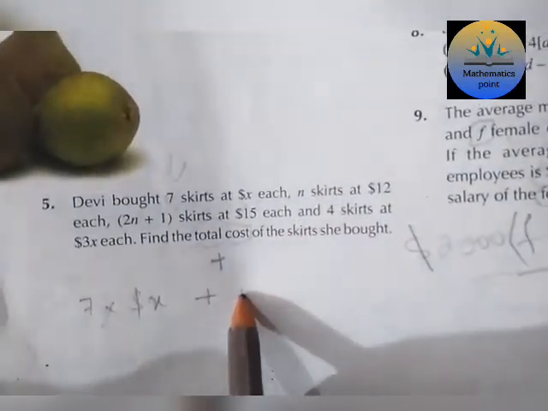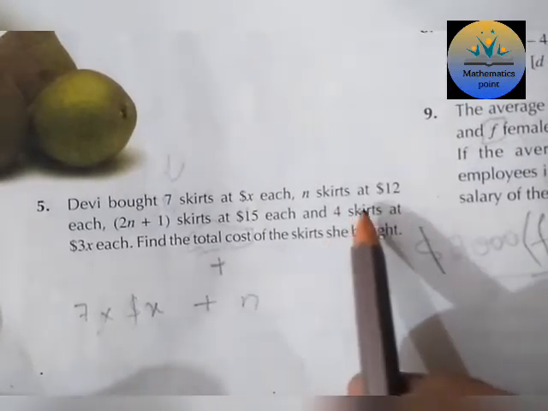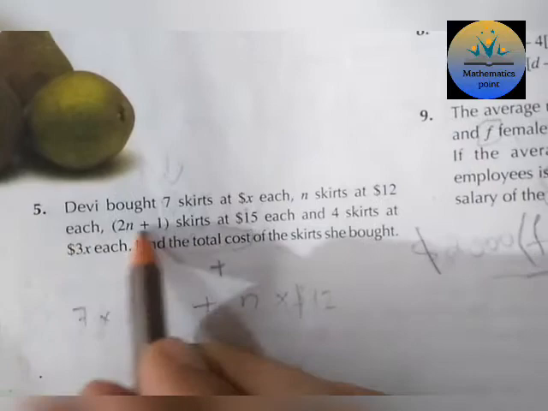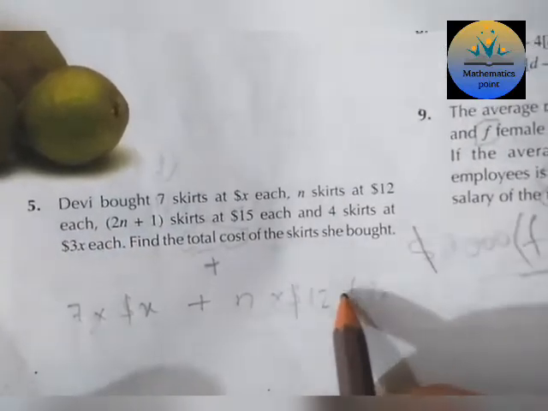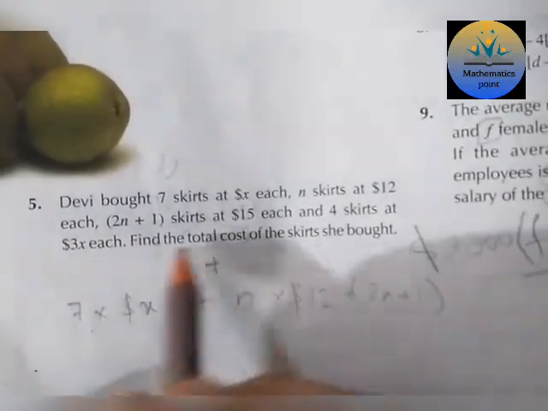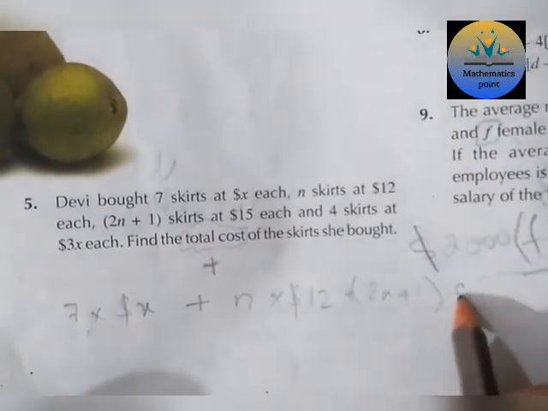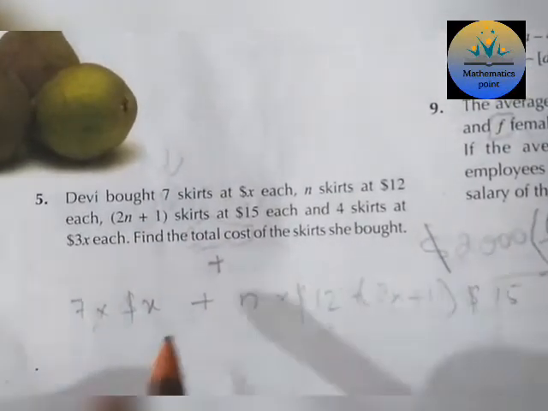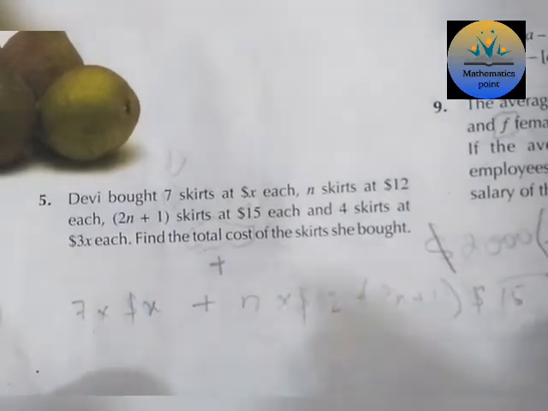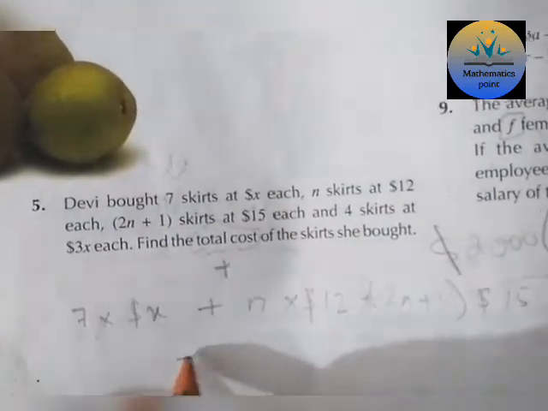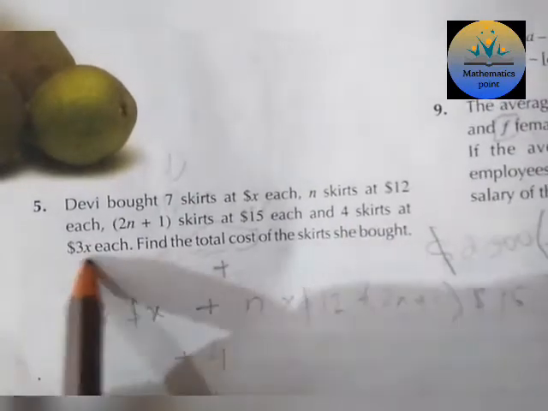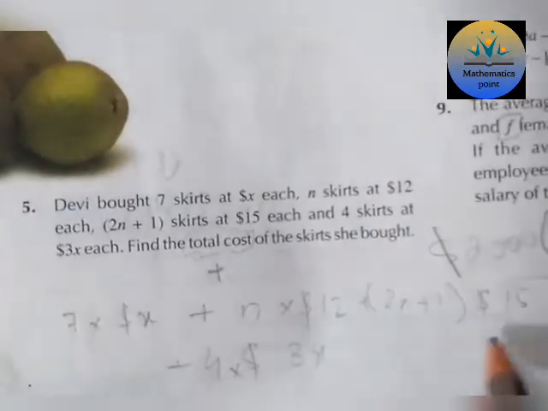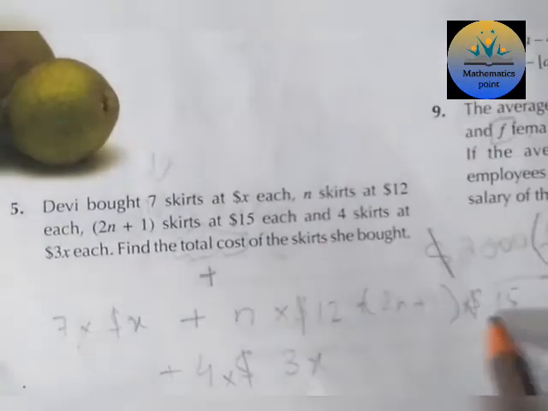N skirts cost $12 each. Then 2N plus 1 skirts cost $15, and write the plus between them, because the total means sum. And 4 skirts, where each costs $3x, so multiply.